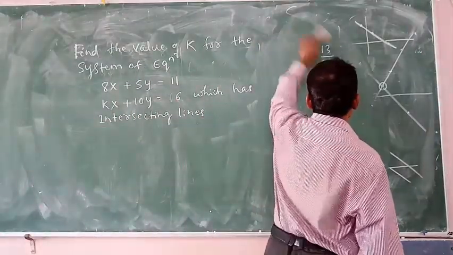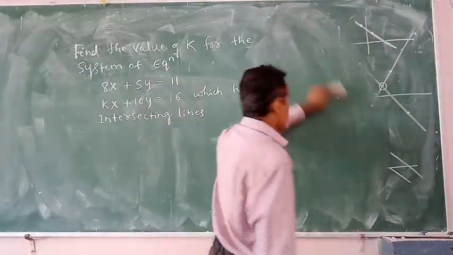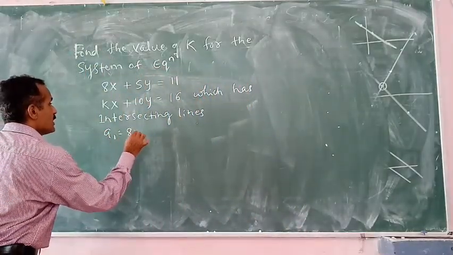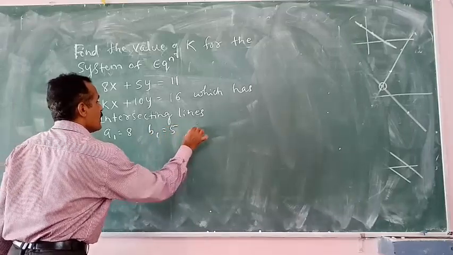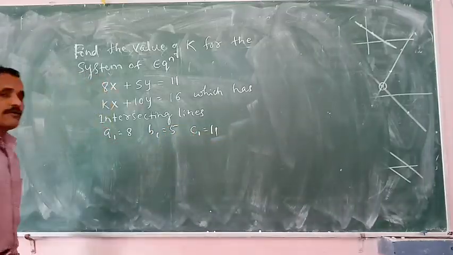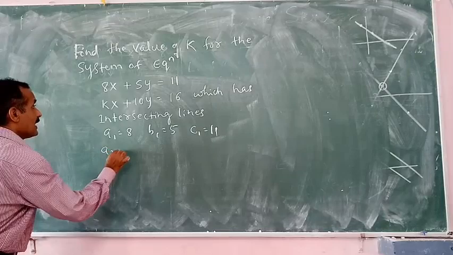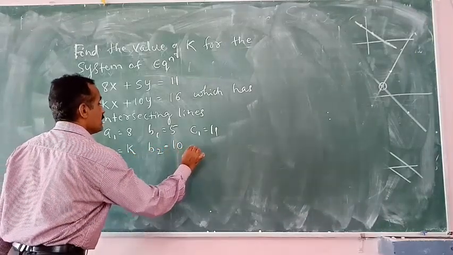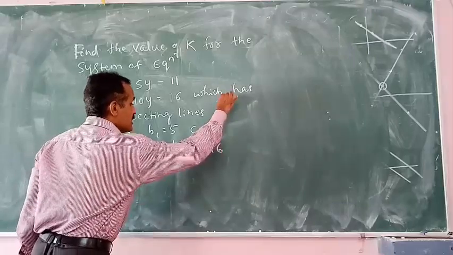As usual, we will write the values of a1, b1, c1, a2, b2, c2. a1 is equal to 8, b1 is equal to 5, c1 is equal to 11. a2 is equal to k, b2 is equal to 10, c2 is equal to 16.